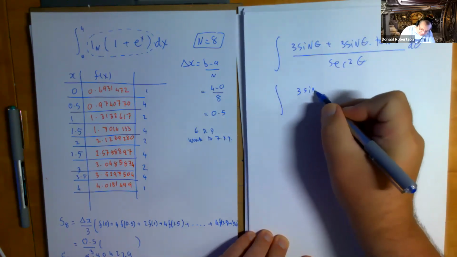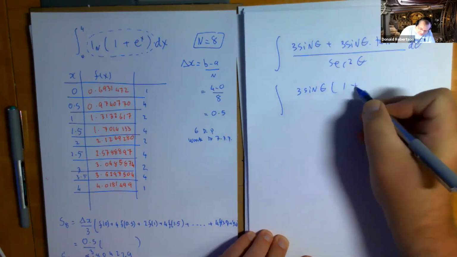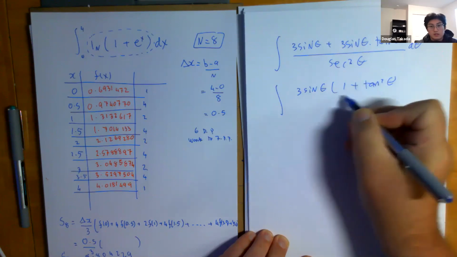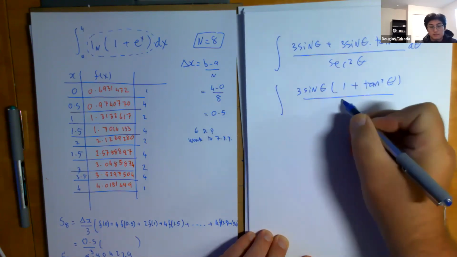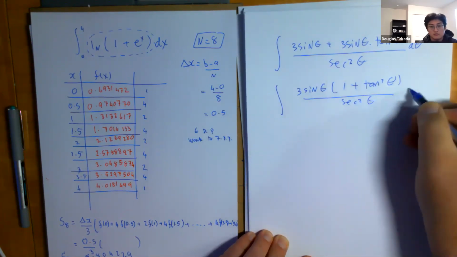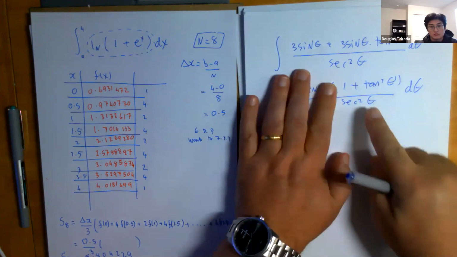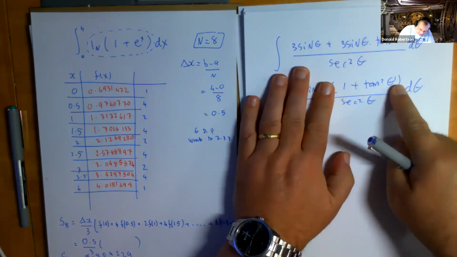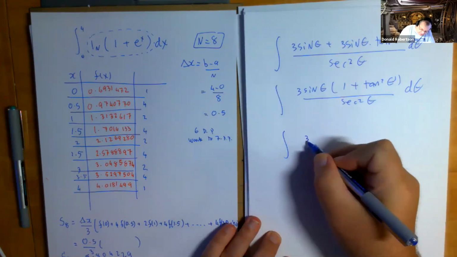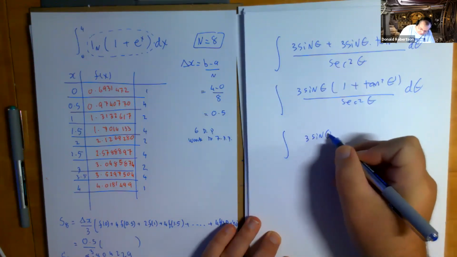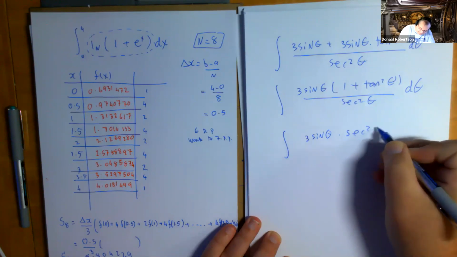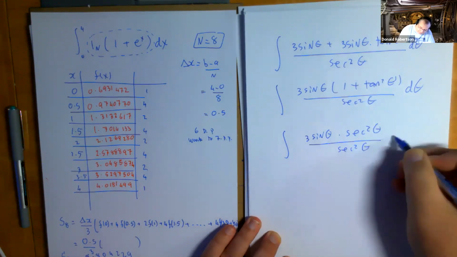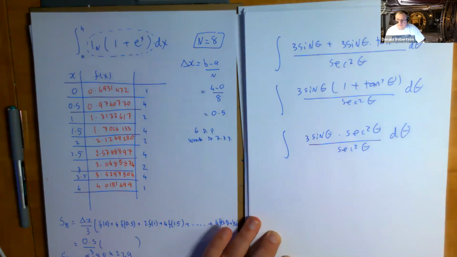So I pulled out 3 sine theta, like that. And then I recognized that this guy was secant squared theta. So the next line that I should have written down is that line.